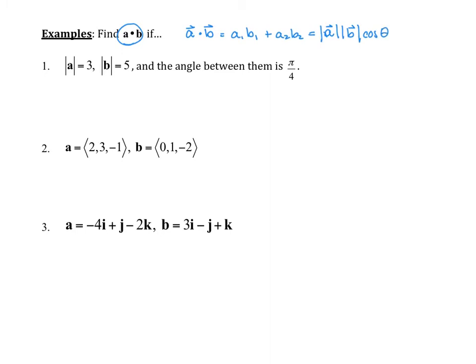Okay, so we get to determine which part of this we're going to use. We can use either piece of this, and I'm going to choose which one to use based on what's given to me.